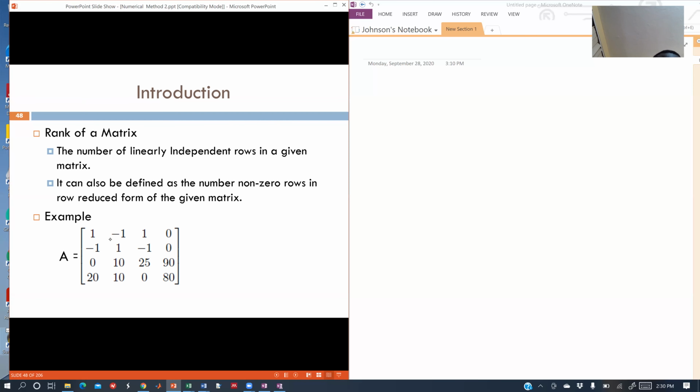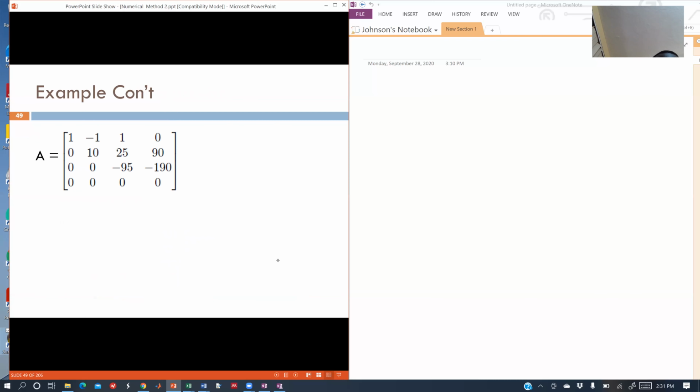You count row 3 in addition, making it 2, and then row 4 comes in as the third row. So in all, we have the first 2 being linearly dependent rows, and for that matter, there are 3 linearly independent rows, and the rank of the matrix is 3.